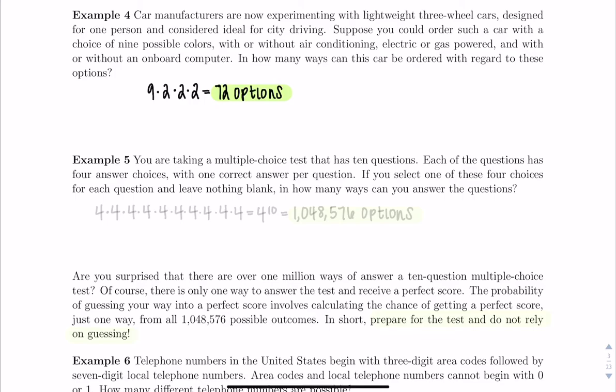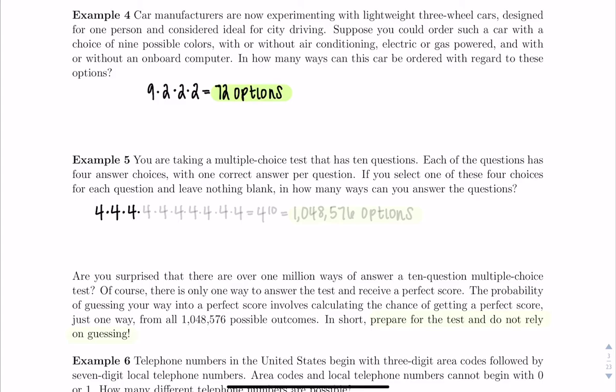You are taking a multiple choice test that has 10 questions. Each of the questions has 4 answer choices, with 1 correct answer per question. If you select one of these 4 choices for each question and leave nothing blank, in how many ways can you answer the questions? So let's just think about it. Question number 1 has 4 choices. Question number 2 also has 4 choices.